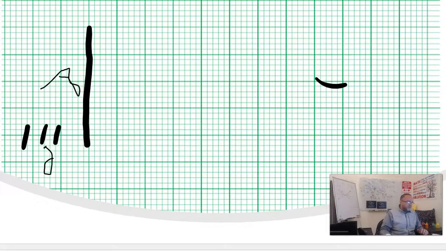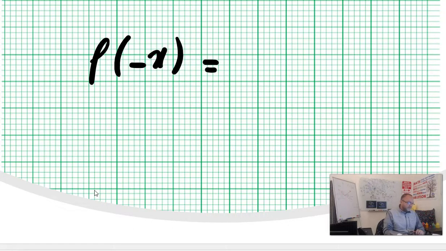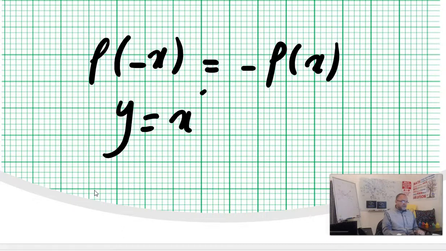I'm just going to remind you about the definition of even and odd. The definition of an odd function: f of minus x equals minus f of x. And this means it's symmetric about the origin. It's like y equals x cubed.